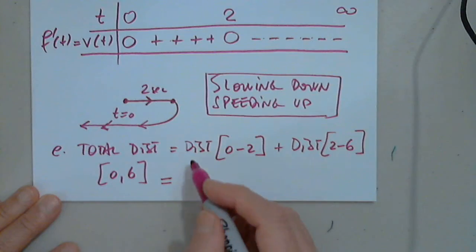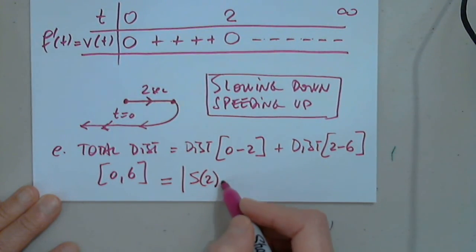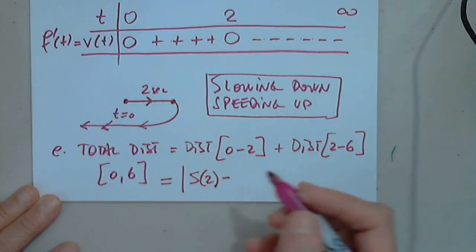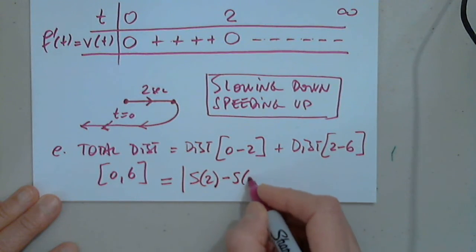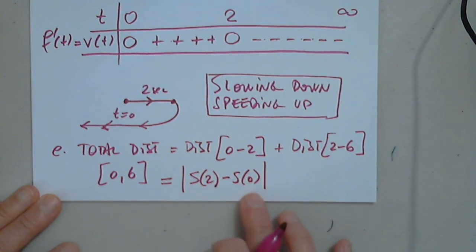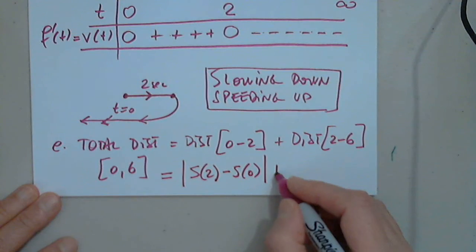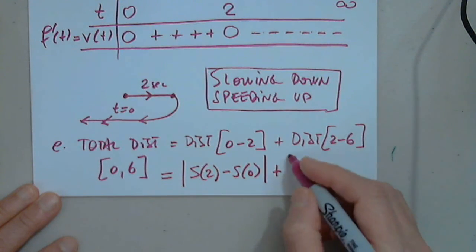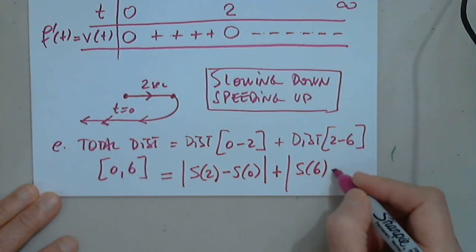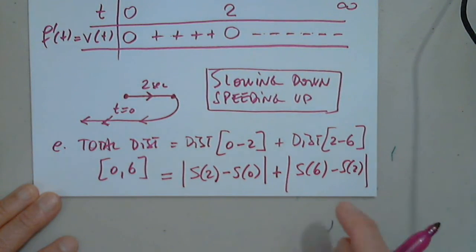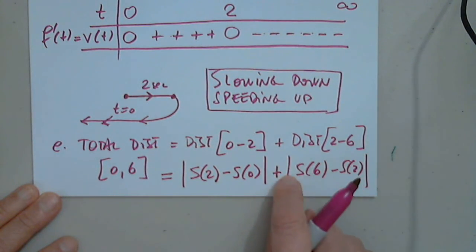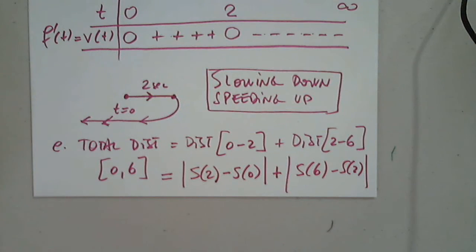So it went this way between s of 2 minus, it's s or f, same thing, s of 0 in absolute value, which we know is going to be positive, plus s of 6 minus s of 2, which we know will be negative. That's the reason why we will have to put the absolute value.